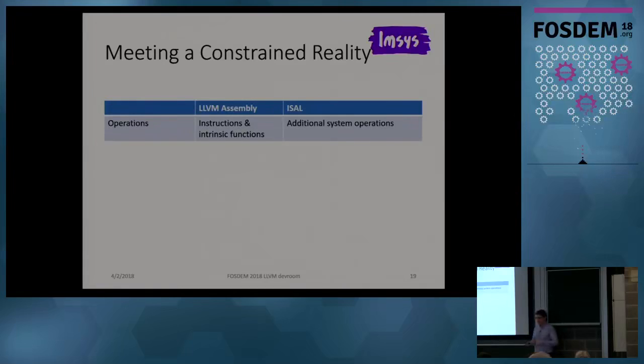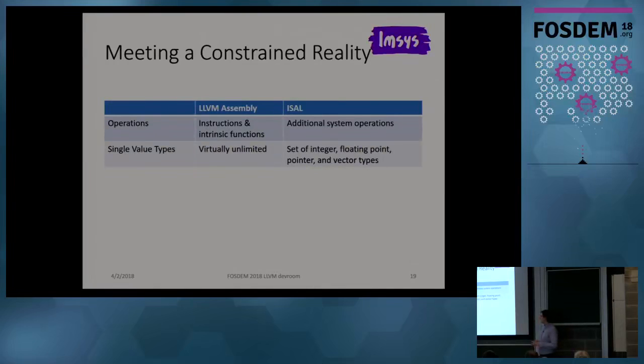As I said, we provide the semantically matching operations in ISA-L, and additionally we needed to add some kind of system operations, management operations, like handling I/O, managing the execution state, and also some special data movement operations. Then the next thing is the supported value types.